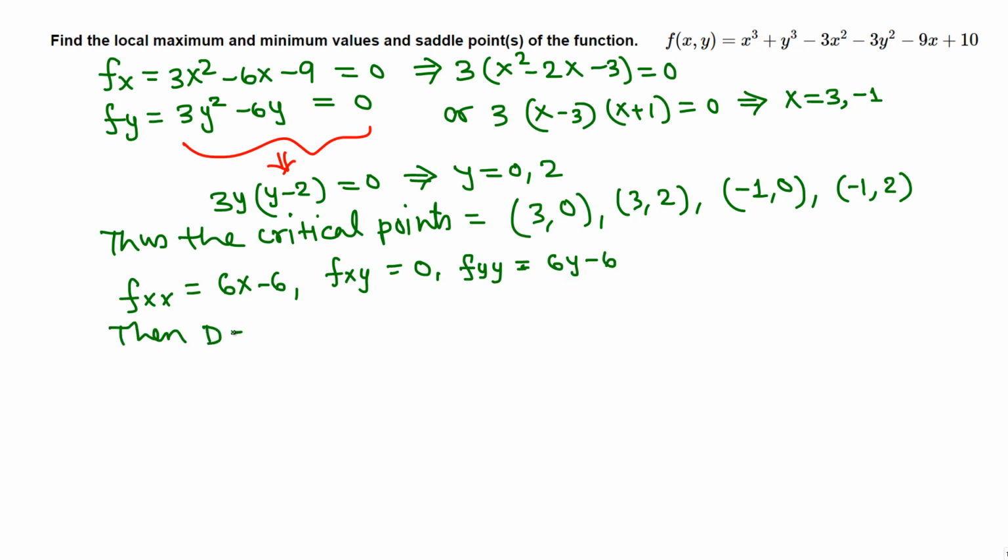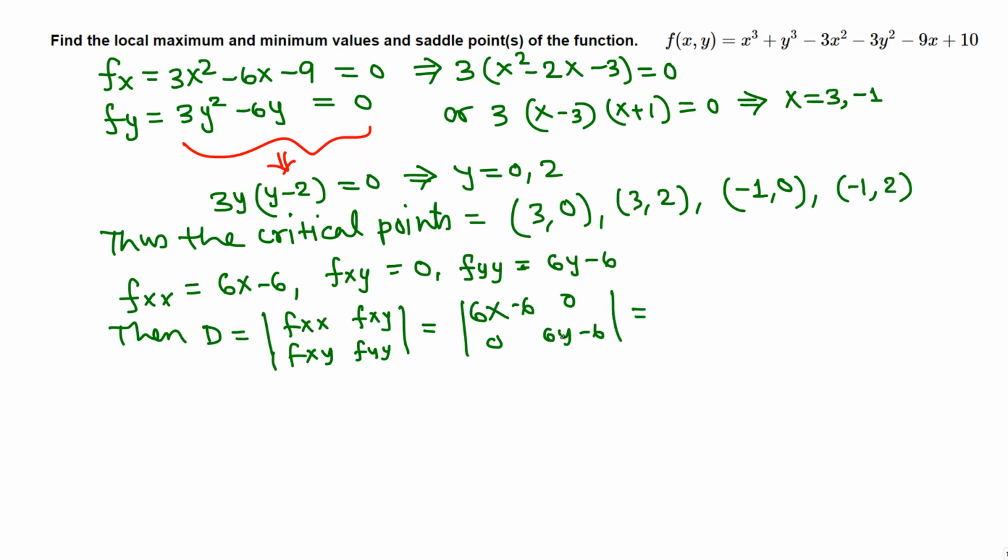Then the discriminant is just fxx times fyy minus fxy squared. Let's compute this 2 by 2 determinant: 6x minus 6, 0, 0, 6y minus 6, multiply, minus 0.